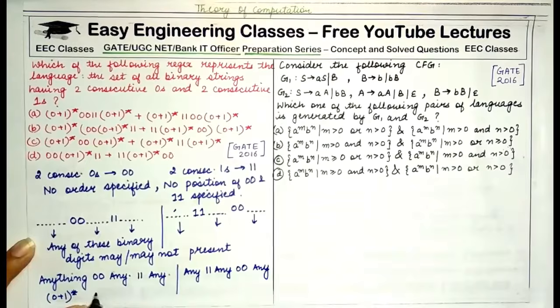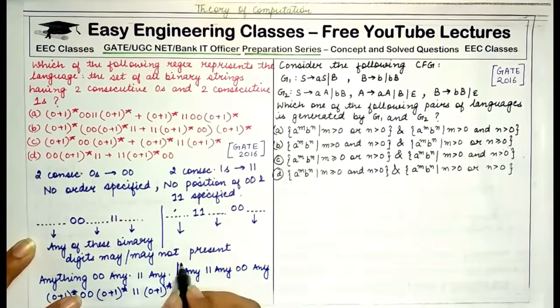So this expression can be represented by (0+1)*00(0+1)*11(0+1)*. Similarly, the corresponding expression is also (0+1)*11(0+1)*00(0+1)*.